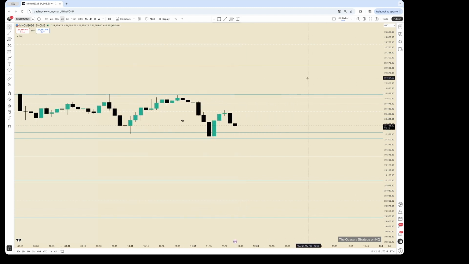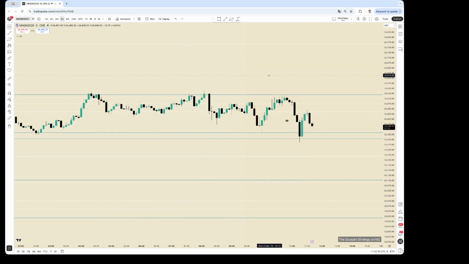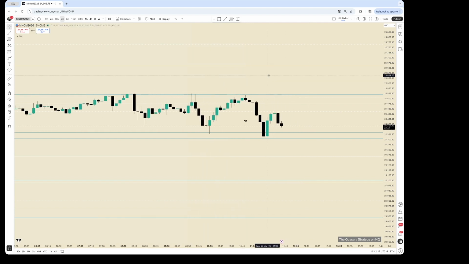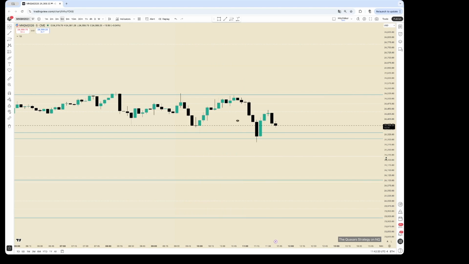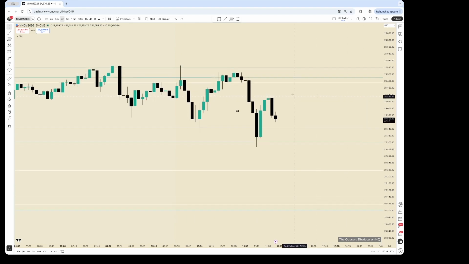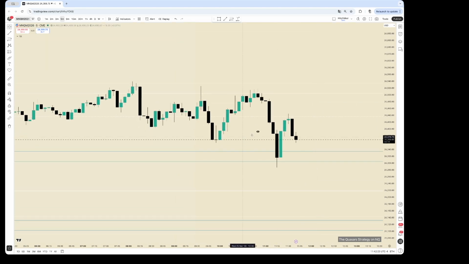Let's see how you could have used the Quasar strategy levels today, and that's what I also get asked, on which time frame you should use them, because these days I only use the expanded range.